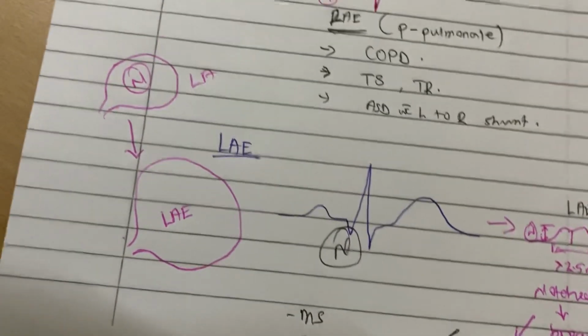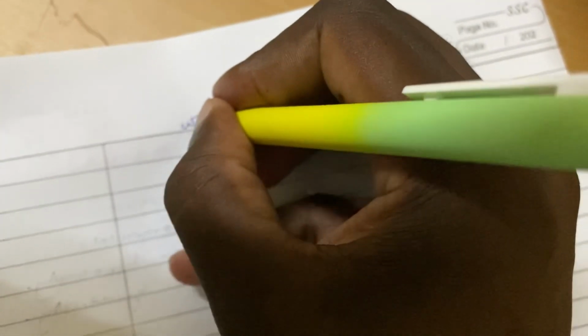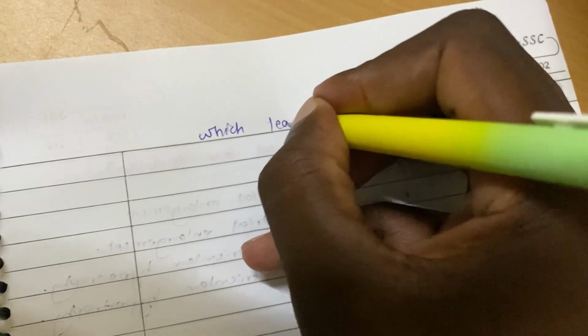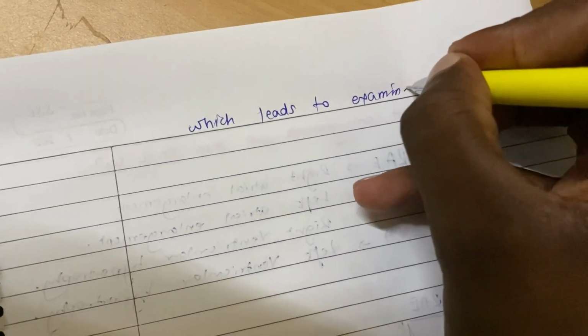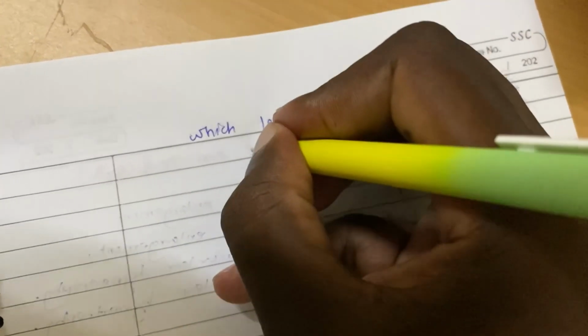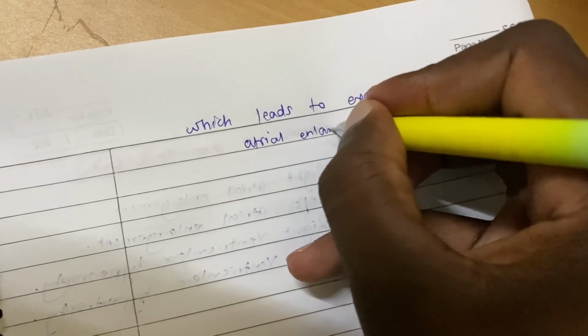So in which leads do we examine if we want to find whether there are atrial enlargements or not? Which leads are we looking at to examine for atrial enlargements?